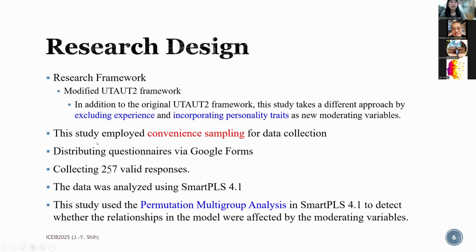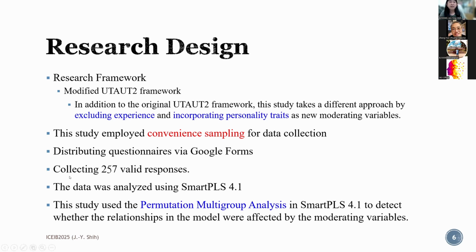We collect data by distributing a questionnaire. So to collect enough volumes of questionnaires, we employed convenience sampling for data collection via Google Forms, and we circulated the questionnaire link to several social networks.